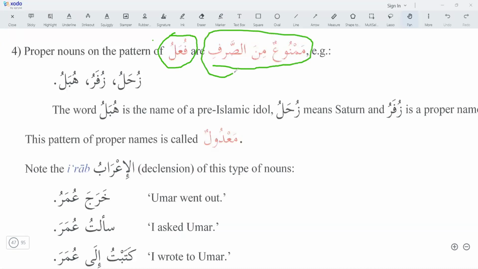They are diptotes. In book 1, we have learned about the mamnu min as-sarf. They don't take the tanween and they don't take the kasra. When they are majroor, they take fatha. Zuhalu, zufaru, hubalu. So these are proper nouns and they don't take the tanween or the kasra.